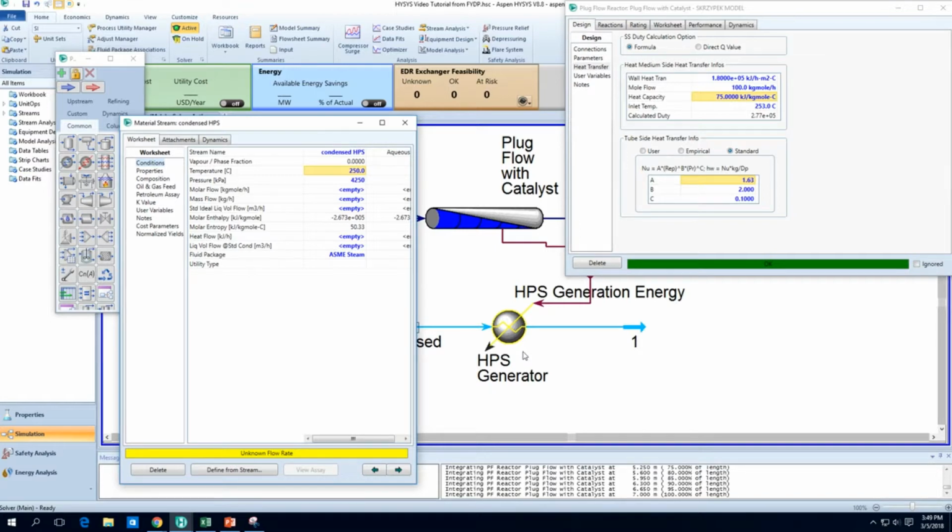So you kind of have to allocate for that. My initial guess is that water is going to come back at 250 degrees C. You can change it later on. So that's 250 degrees C in.